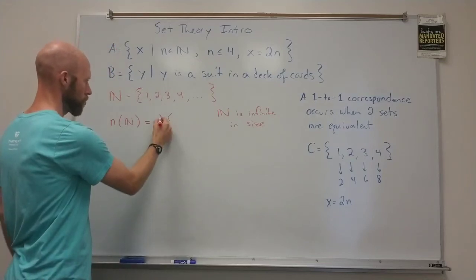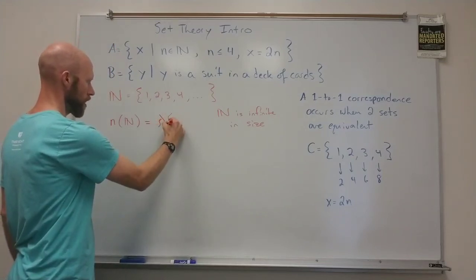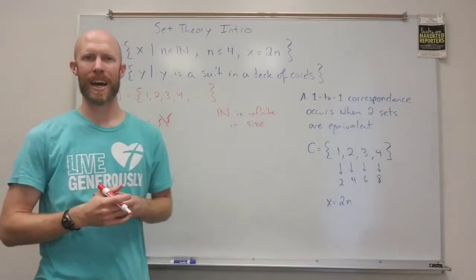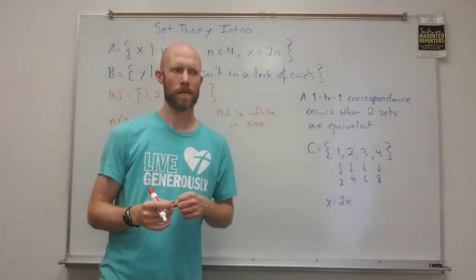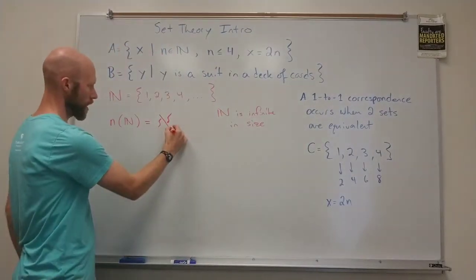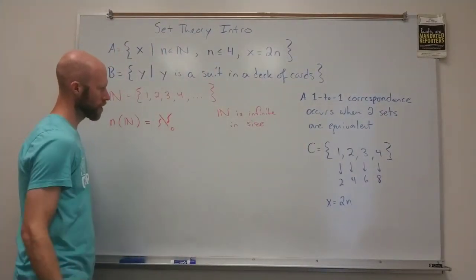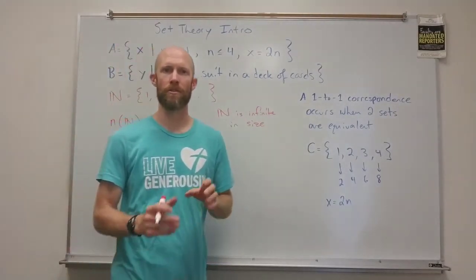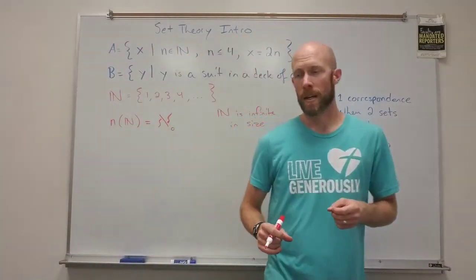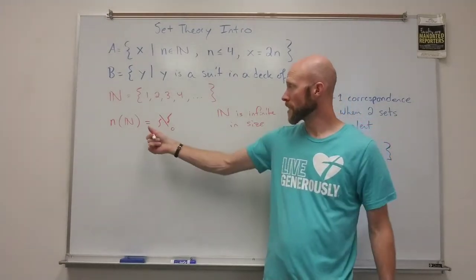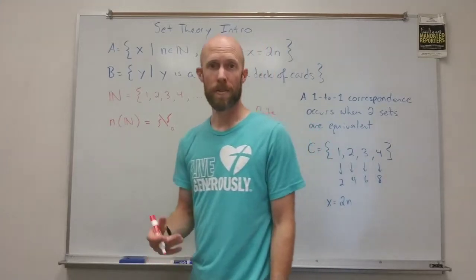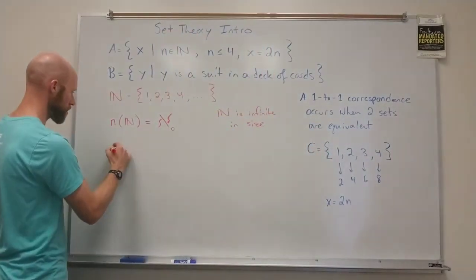And so this Aleph is kind of like an infinite, but it's a specific kind of infinity. And we call this Aleph naught, or Aleph null. It's a subscript of 0 next to it. It's the first in its size. Lots of sets have this size, Aleph naught. The set of even numbers has the exact same size.